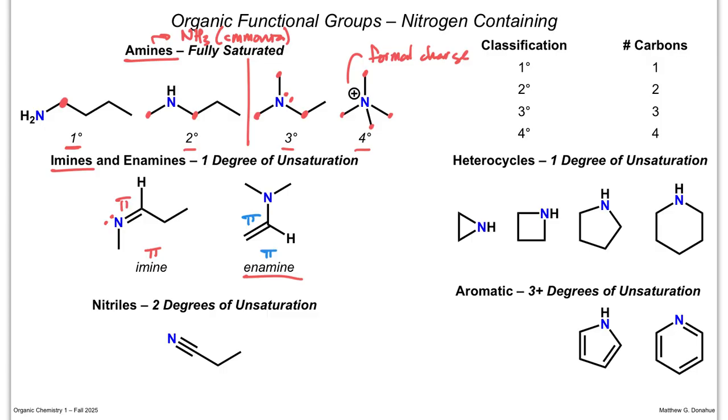Just like with hydrocarbons, we saw that we can make rings out of those. They're called cyclic alkanes or cyclic alkenes. If you shove a nitrogen into a ring, that makes a heterocycle. And again, hetero just means different. That's these other elements besides carbon and hydrogen.